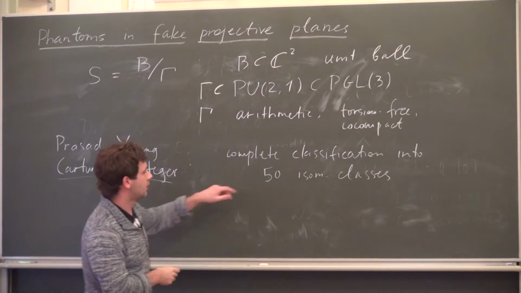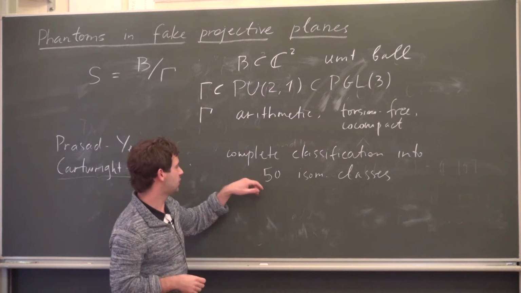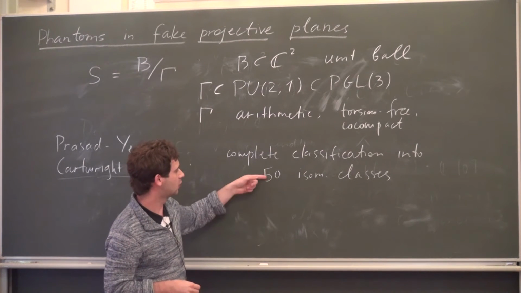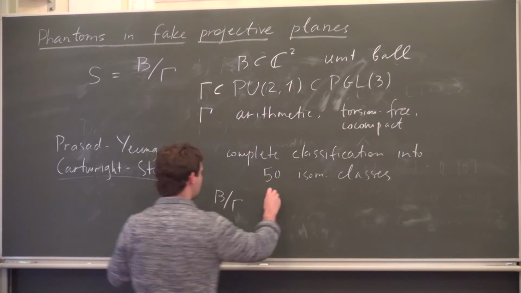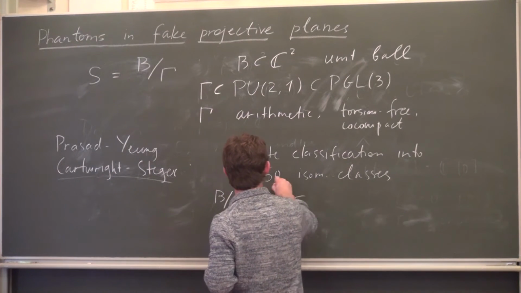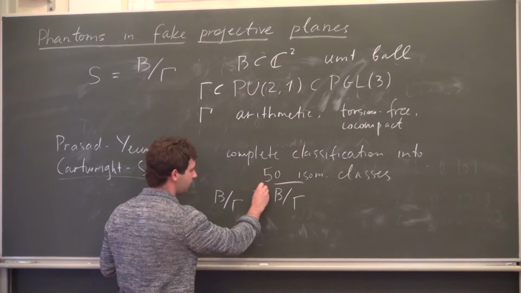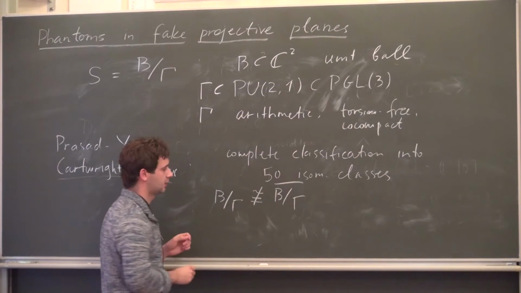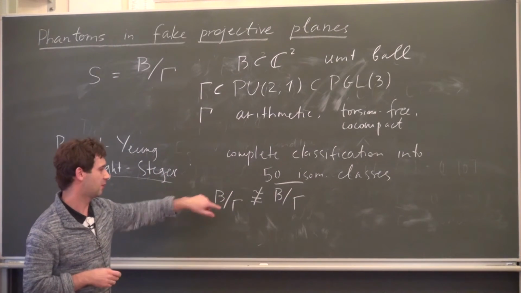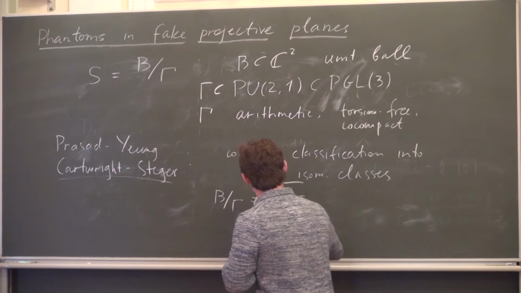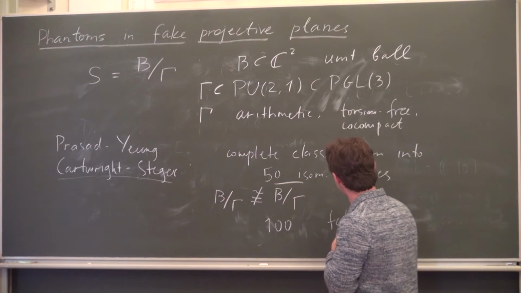As Sergey already mentioned, for each of these groups there are two surfaces, B mod Gamma and B mod Gamma bar. It turns out that they're never isomorphic, so it means that there's no real model. So there are 100 fake projective planes.